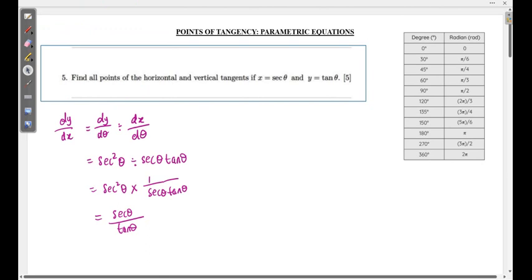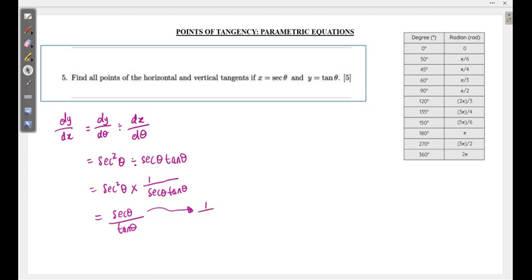And then when we simplify it, for sec theta, remember it's going to be 1 over cos theta. And then for tan theta, remember it's going to be sine theta over cos theta.